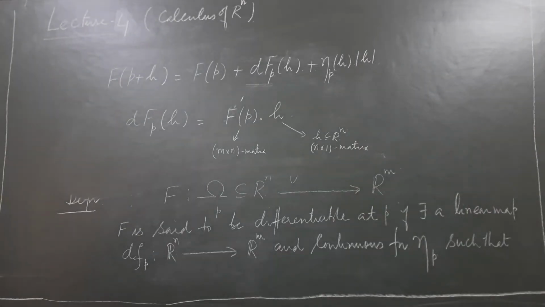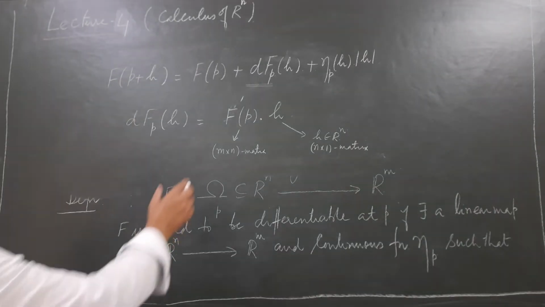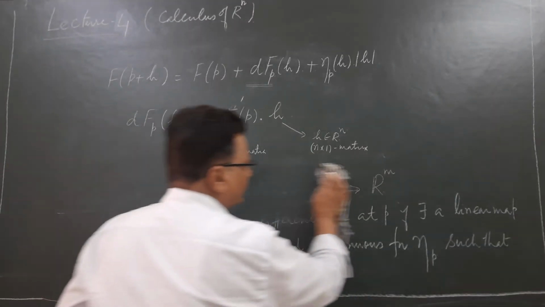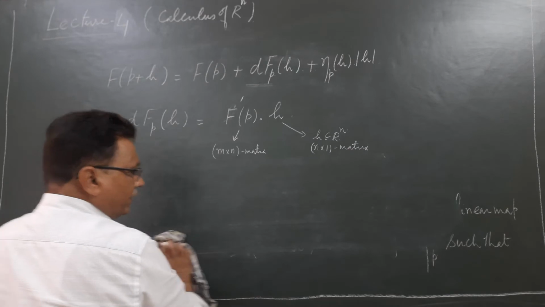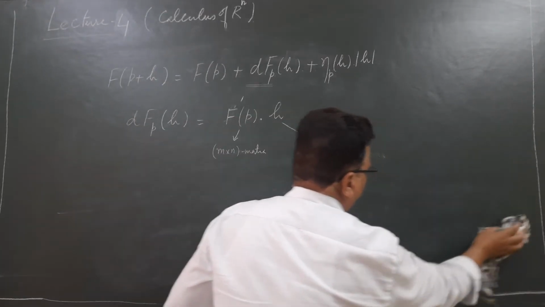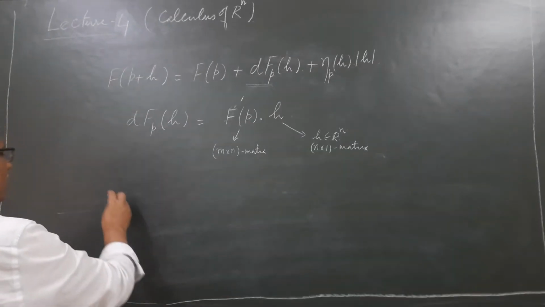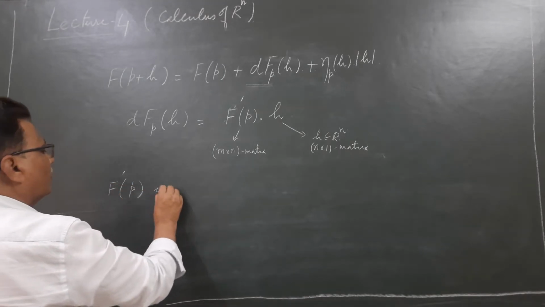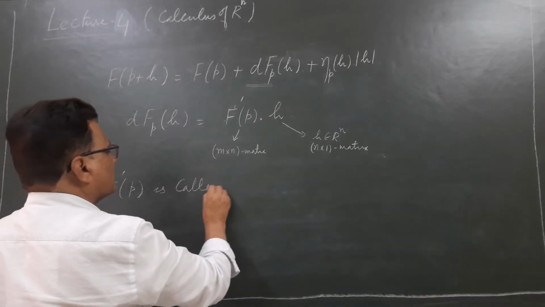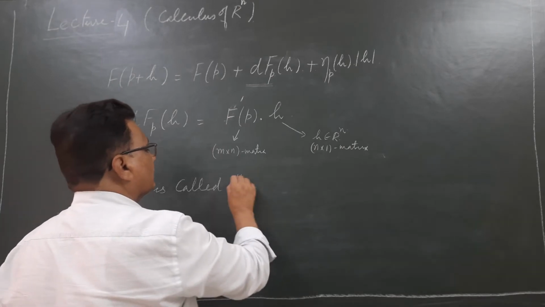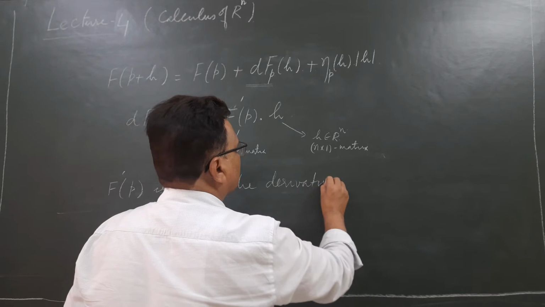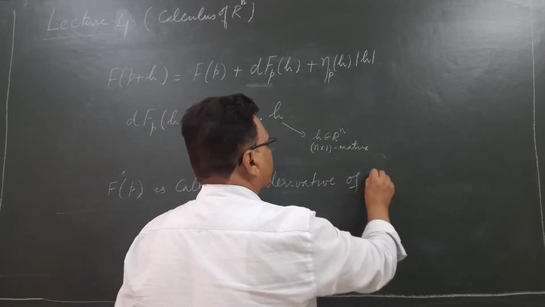Now, we will work out what are the entries of this matrix. This matrix f dash p will be called the derivative of f at the point p.